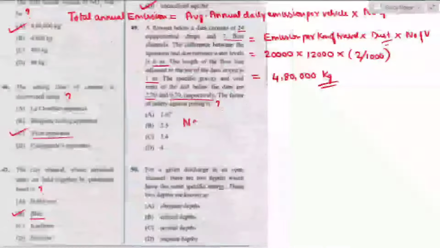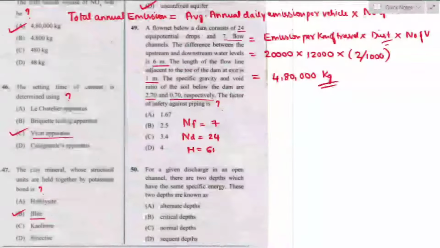Let us write down the given data. Number of flow channels is 7. Number of potential drops is 24. The difference between the upstream and downstream water level is 6 meter. The specific gravity is 2.70 and void ratio is given as 0.7.